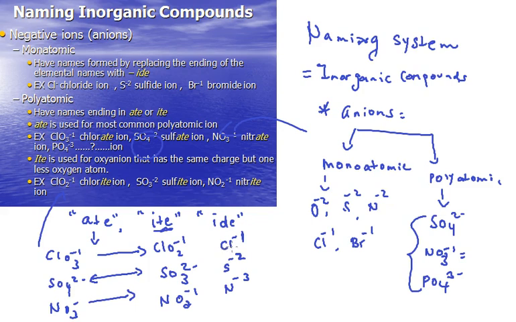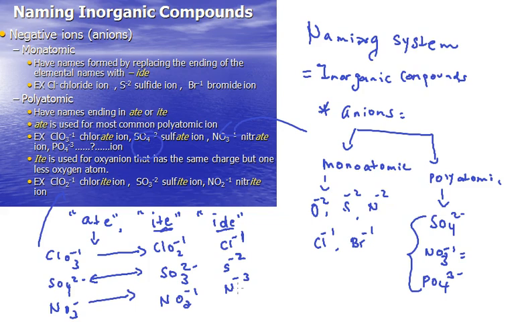In other words, chlorine has to gain 1 electron, so its charge will be -1. Sulfur, in ion form, turns into sulfide. It has to end with IDE. Sulfide has a charge of -2 because it's located in group 6 and needs 2 more electrons. Nitride has a charge of -3.